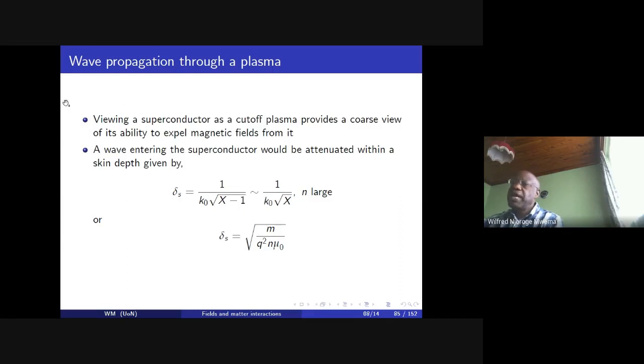Remember, a superconductor is different from a perfect conductor in the sense that a perfect conductor can have a static magnetic field within it. A superconductor will not have any magnetic field of any kind. The electric field and the magnetic field will both be zero inside a superconductor. That's something you have to understand.